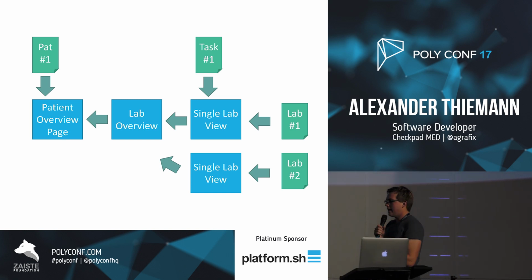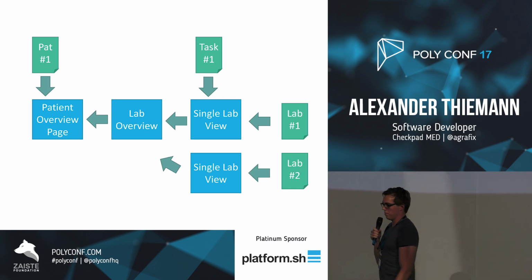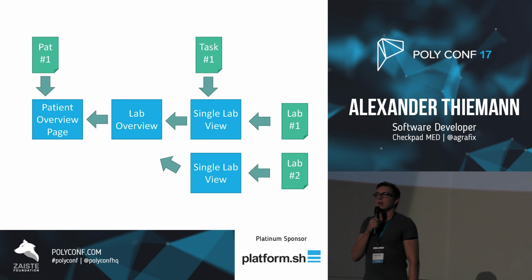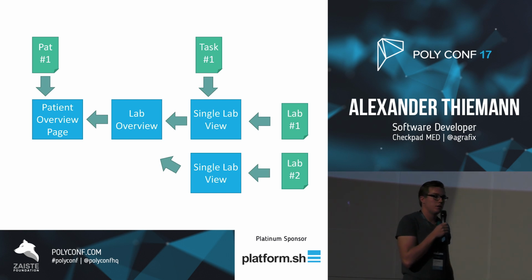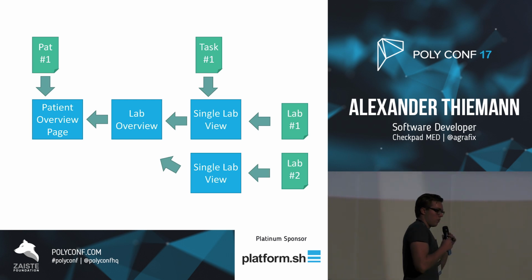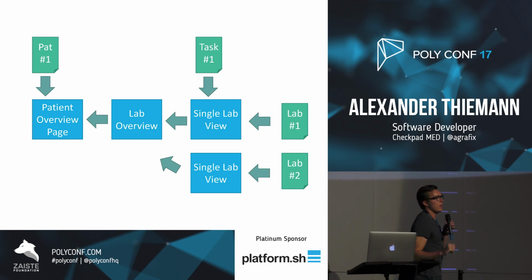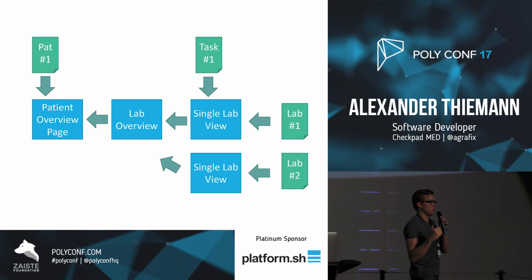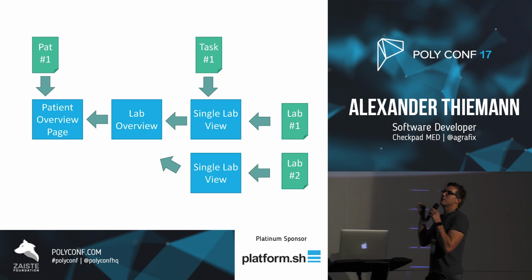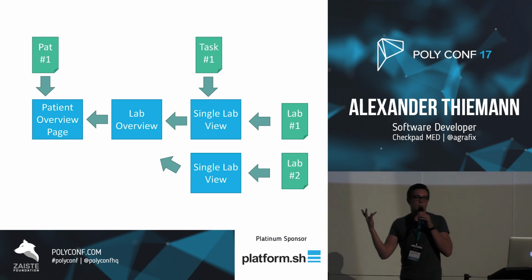Then we also have a task number 1 that you can see at the top. That goes in there. So maybe a doctor created a task that was attached to this lab report saying, please check this again because this is not true, or this can't be true, something like that, right? And then the next thing that you would imagine, if you think in terms of UI, is an overview of all lab reports. So what's the dependency of this overview? Well, it needs the two previously generated lab reports or lab report views, right?